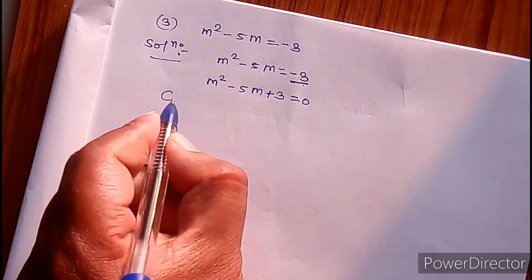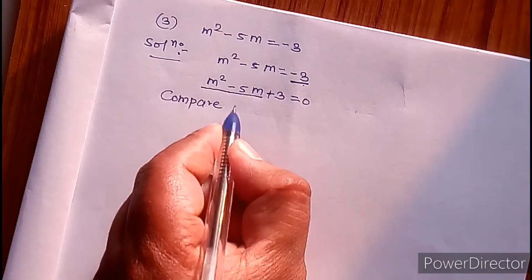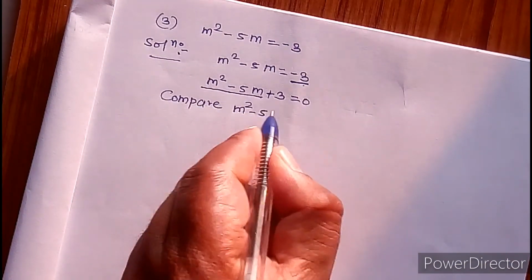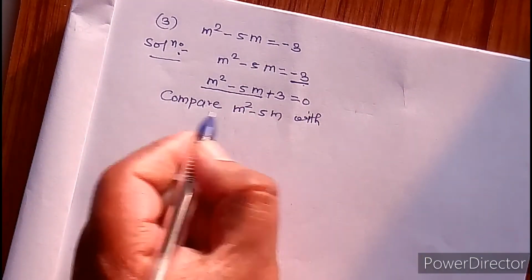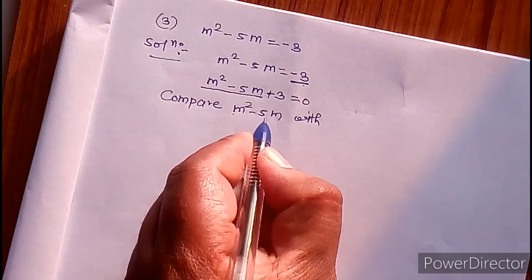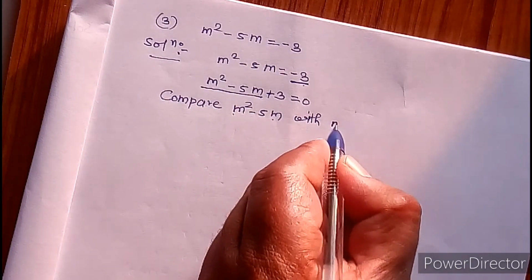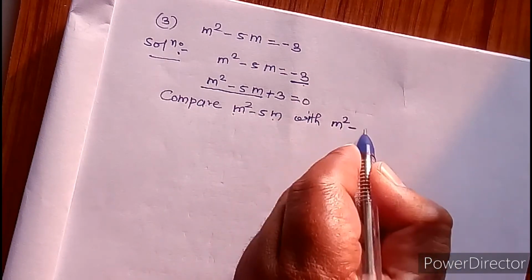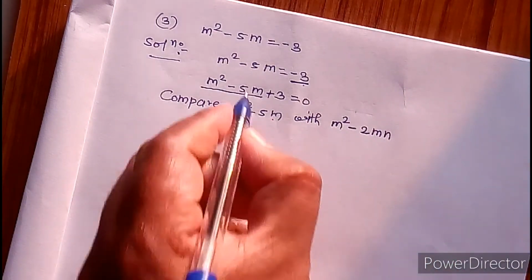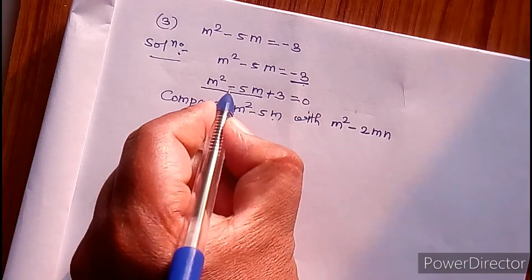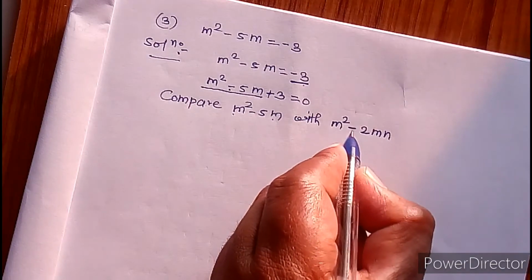Now we have to compare m square minus 5m with, listen carefully here, m square minus twice of mn. Now here is a minus sign, therefore here comes the minus sign.